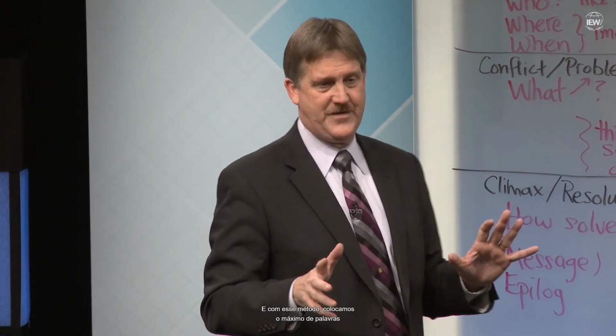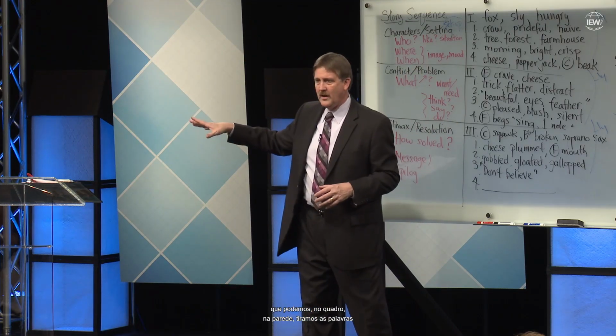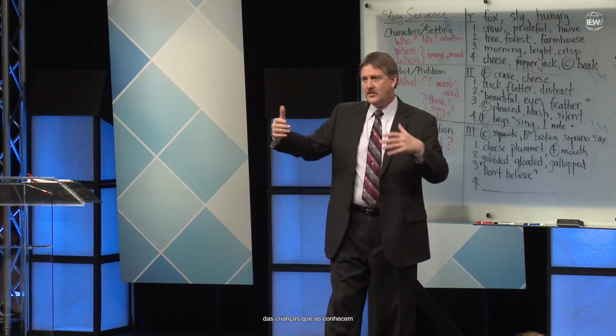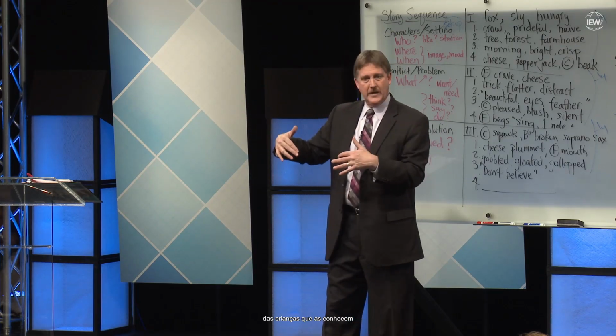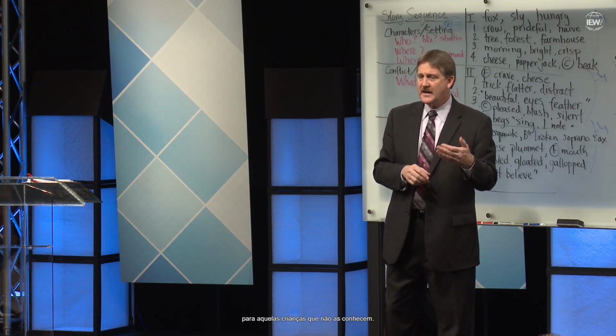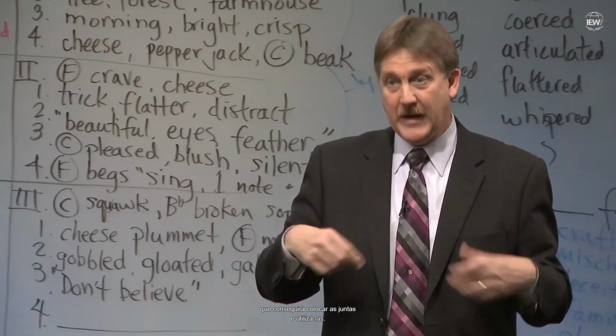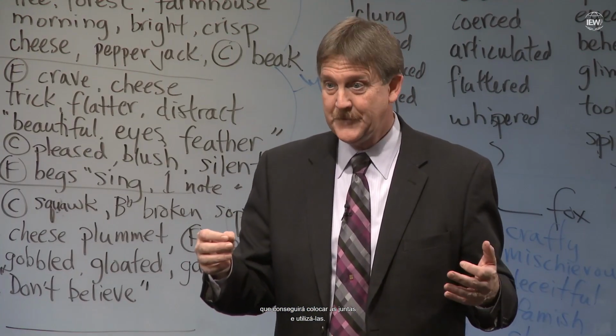And so with this method, you get as many words up on the board, up on the wall, as you can, and you get the words from the kids who know it, and then you give those words and make them available to the kids who don't. You got a little guy, he would never think of it himself in a million years, but he can put two and two together, right?